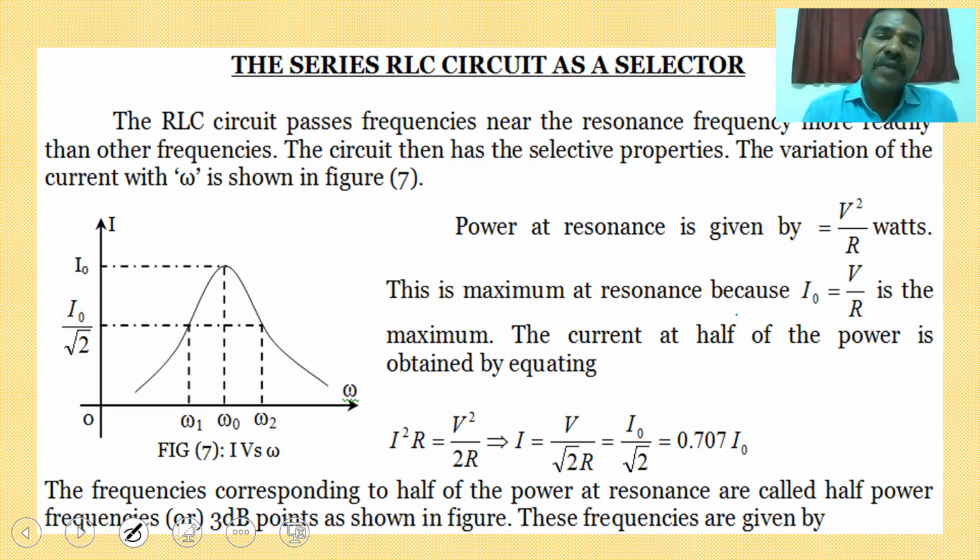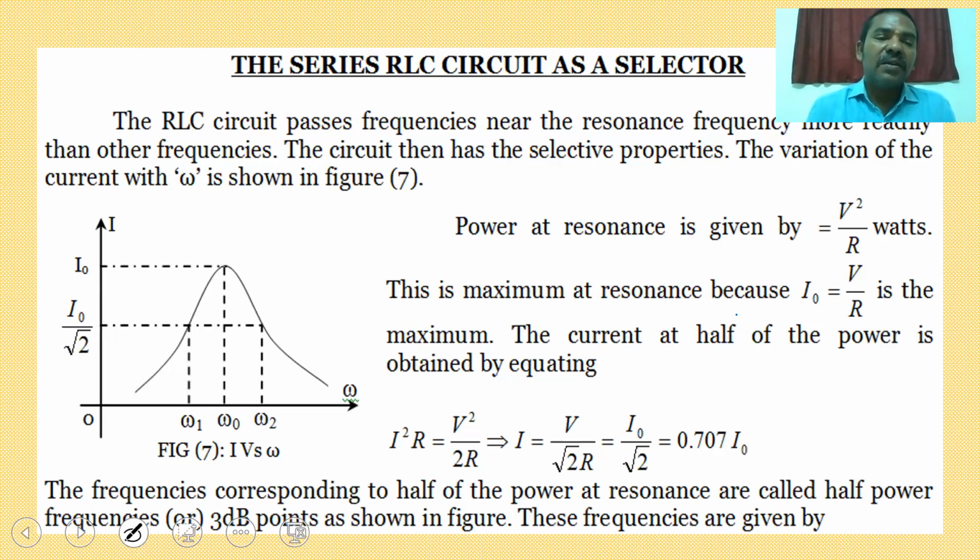What waveform you have to choose means the current waveform, because for a series RLC circuit the current must be constant. The voltage drops across the inductor, the capacitor, the resistor, and your supply voltage differ, and the total voltage must be equal to VR plus VL plus VC.